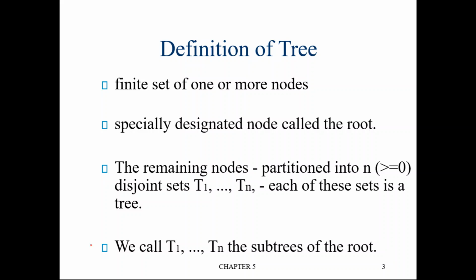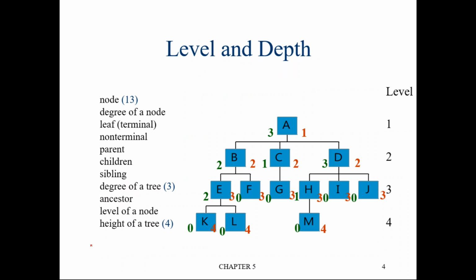And in terms of graphs, a tree is a graph without cycles, and if there are n nodes in a tree, then there will be exactly n minus 1 edges.